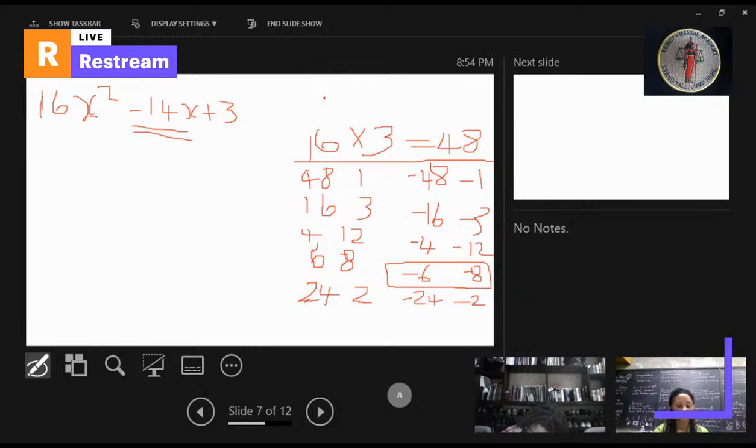Then you substitute the negative 14x with negative 8x minus 6x. Write back this one, and instead of the negative 14x, I'm going to put these two. So negative 8x minus 6x plus 3.